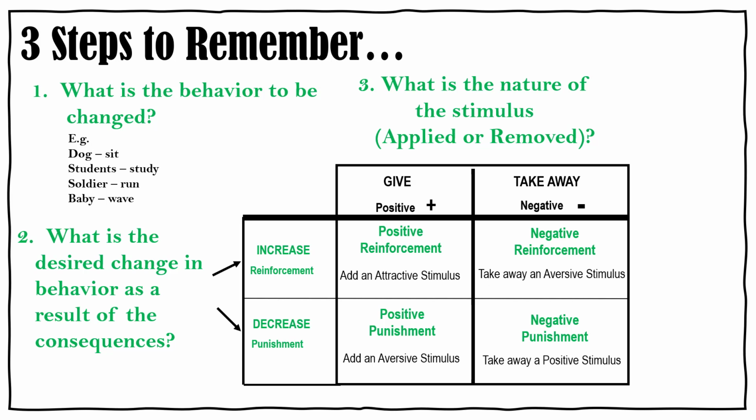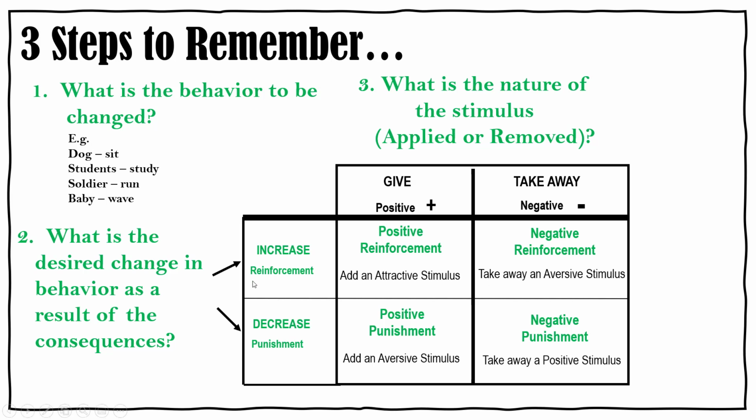First you want to figure out what's the behavior that you want to change, and then what's the desired change as a result of the consequences. So look at the behavior, the person engages in the behavior, you get a consequence, and what happens to the behavior. Remember, it's all about the effects on behavior.